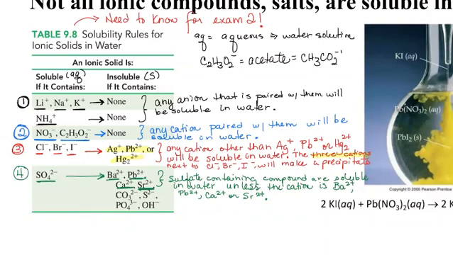Just because they live on group 2A. But note that not everybody in 2A is going to make sulfate insoluble, because, for example, magnesium, which is right below beryllium, is the one out of all of the ones in group 2A that when you pair with sulfate, it is actually a soluble compound. So magnesium sulfate is soluble in water.